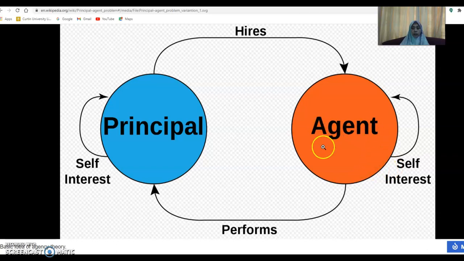They perform the work for the principal. They also have their self-interest. So you want to align the interest of the principal with the interest of the agent, or align the interest of the agent with the interest of the principal.